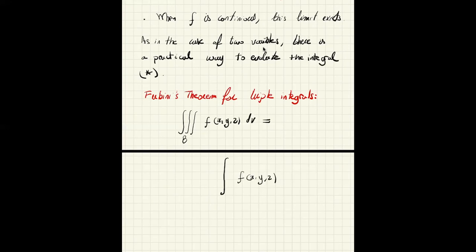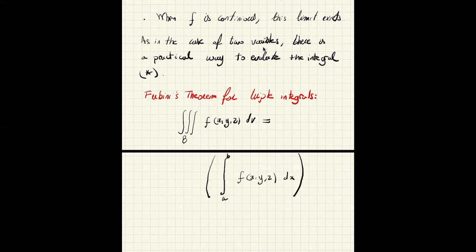First of all, you fix y and z, and you consider this function of two variables. Now x is allowed to move from A to B because it's a rectangle. Once you do this, it's a function of two variables.